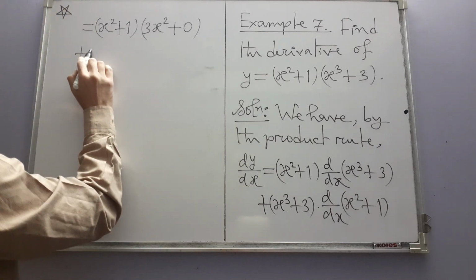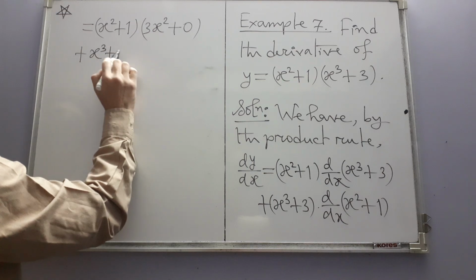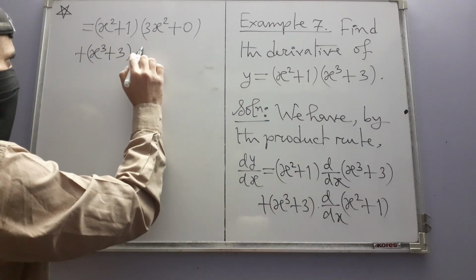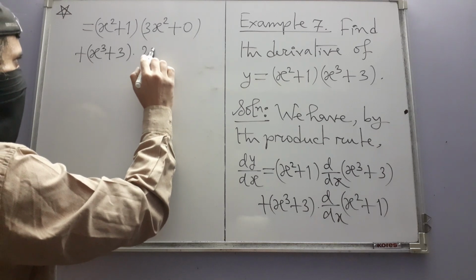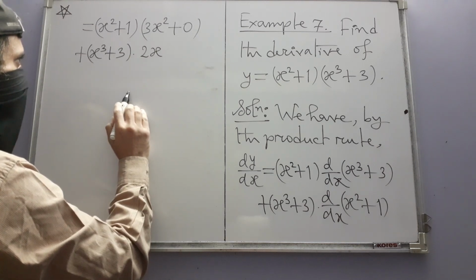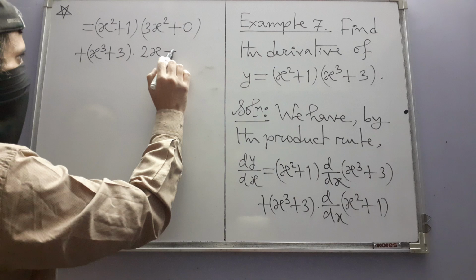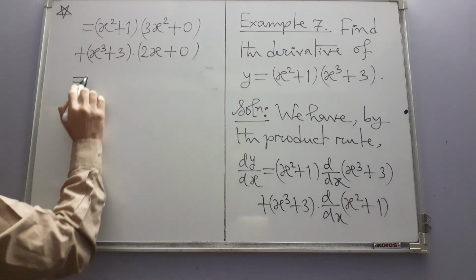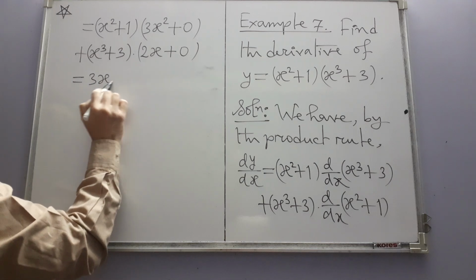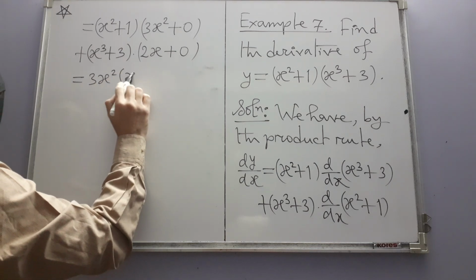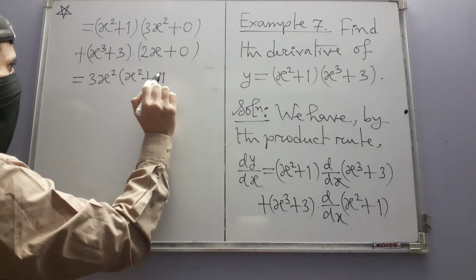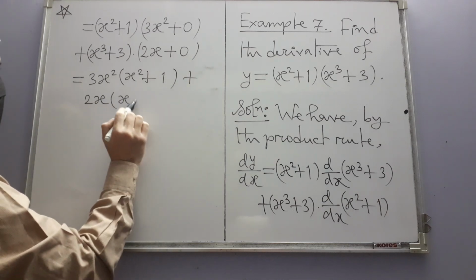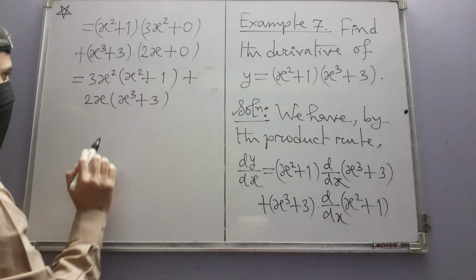Plus x cube plus 3 times, what's the derivative of x square? The exponent comes down and then gets reduced by 1. So 2x, and 1 has derivative 0. So we get 3x square times x square plus 1, plus 2x times x cube plus 3.